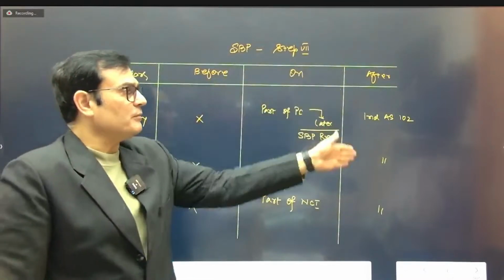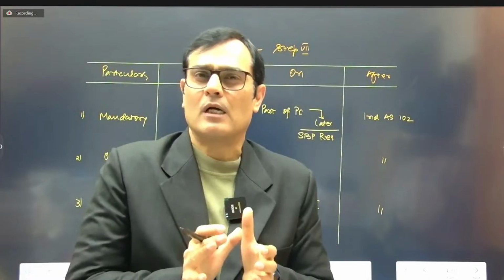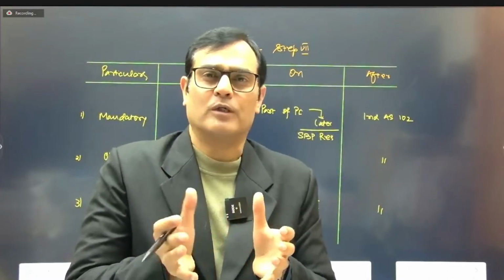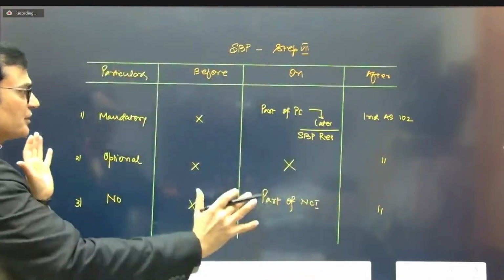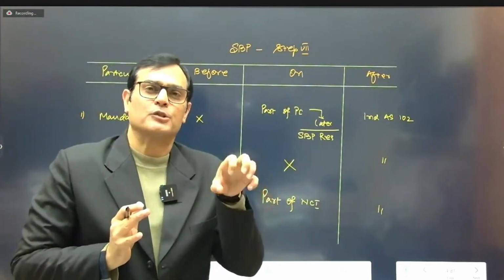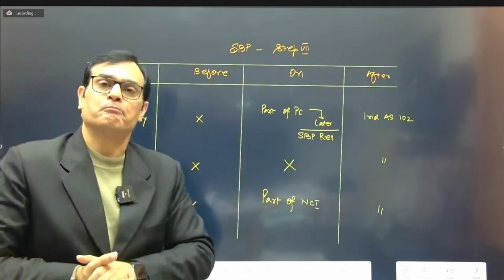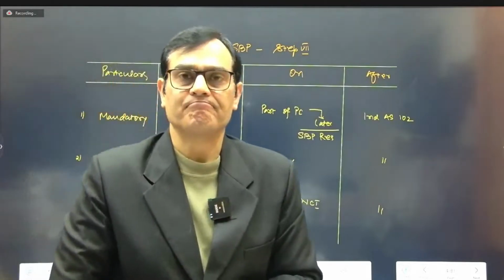The post-business combination portion will be accounted under Ind AS 102. The usual accounting of share-based payment awards will take place. So this is a summary of how share-based payment awards are going to impact the entries on acquisition accounting and post the business combination.